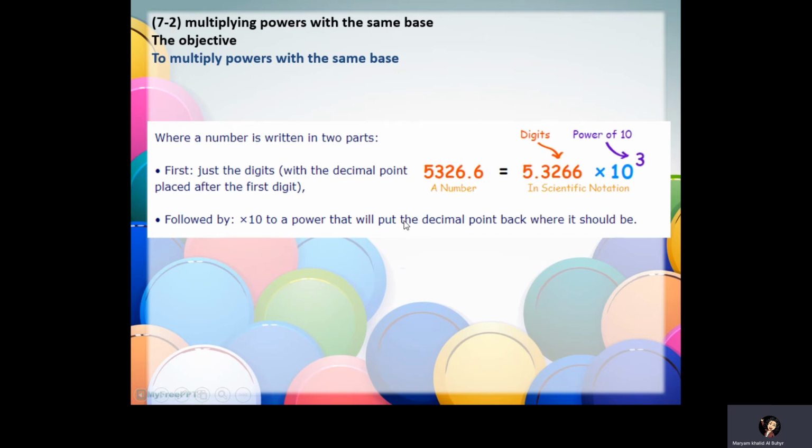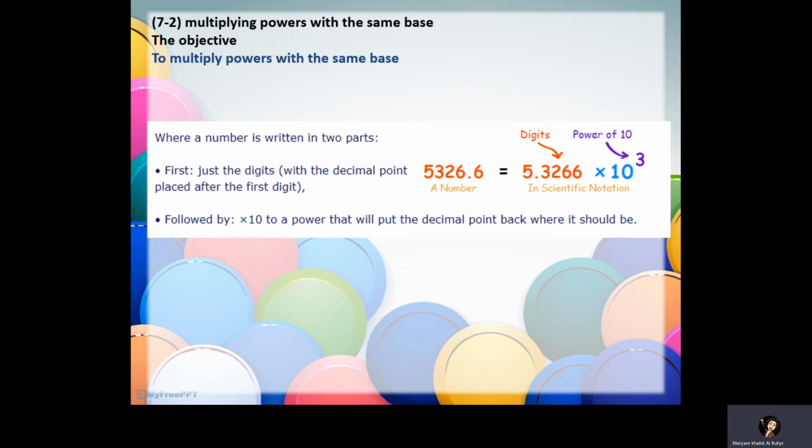So I gave you the meaning of scientific notation, which is the way that I write big numbers and small numbers. The first number will represent a number between 1 and less than 10, times 10 to a power, which could be positive or negative.